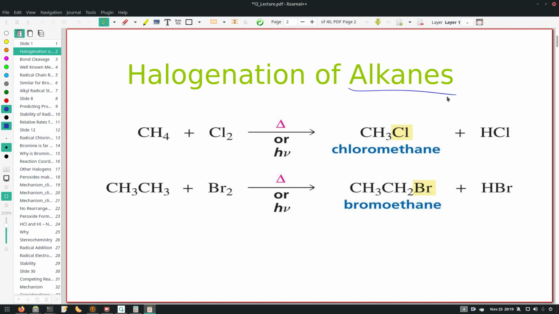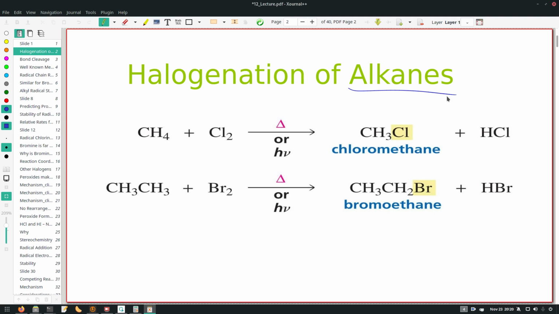You take your alkane, you take your chlorine or bromine, and heat or light typically will do this. It's just ultraviolet light, and light from natural sources is going to be enough to activate this in most cases. You'll do a substitution, replacing one of your hydrogens with a halogen.